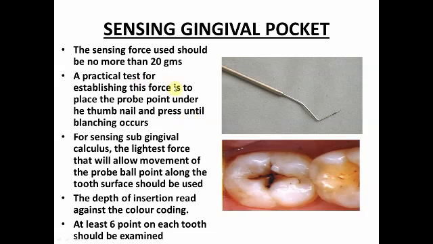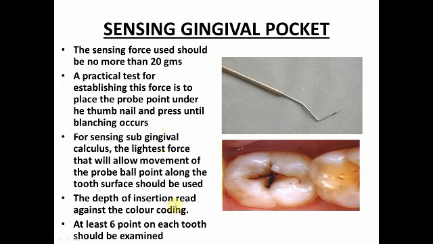A practical test for establishing this force is to place the probe point under the thumbnail. It causes blanching. This is the amount of pressure that needs to be used.